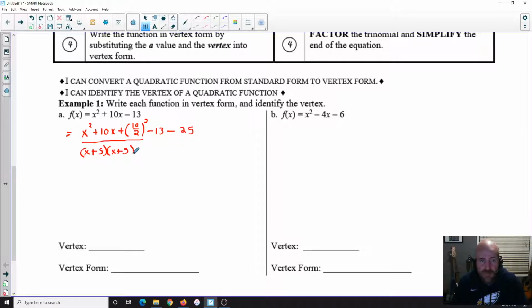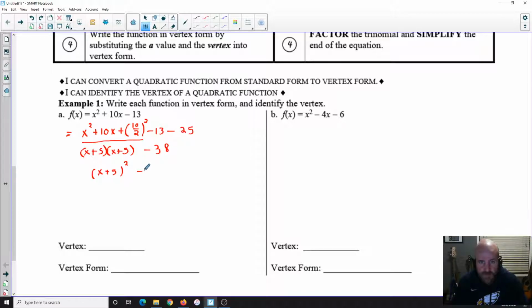In the process of completing the square, we can always know that it's just half of the b value. It's just both of those numbers. And I want to write it so it's in vertex form. So we have x plus 5. If we multiply something by itself, we can just say it's squared. Then we have this minus 13 and minus 25 that we can't forget about, so we need to put those together.